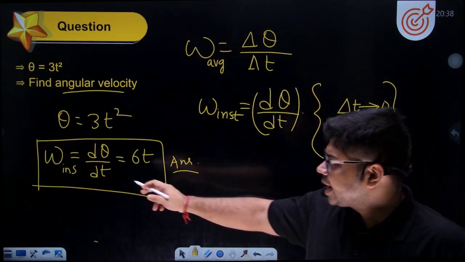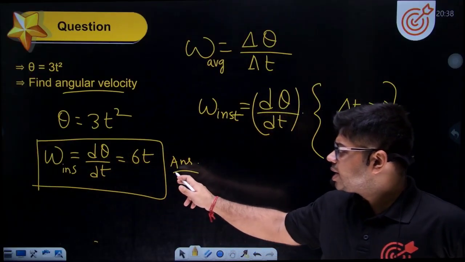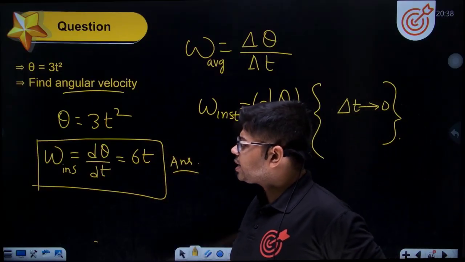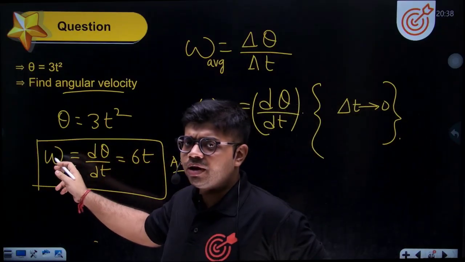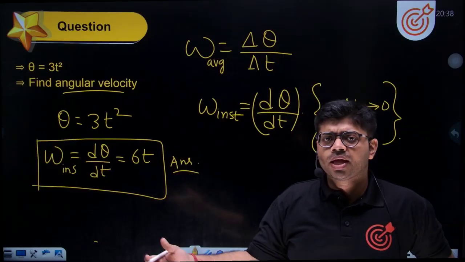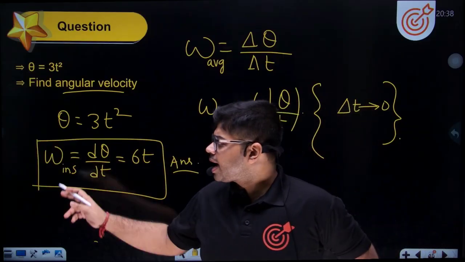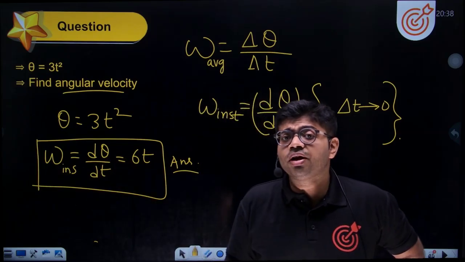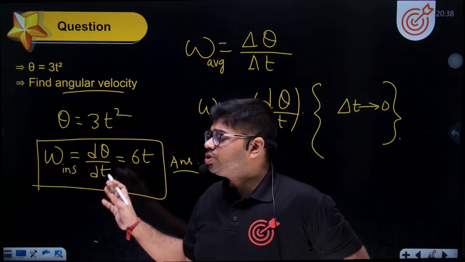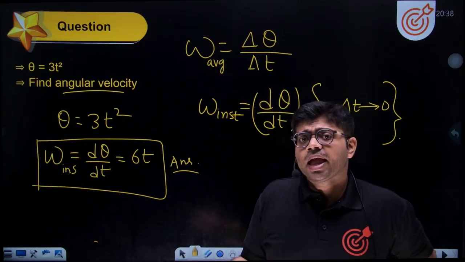Definitely you can see that angular velocity is a function of time. So at time t is equal to 0, your angular velocity is how much? 0. At time t is equal to 1, it is 6 radian per second. At time t is equal to 2, it is 12 radian per second. At time t is equal to 3, it is 18 radian per second.